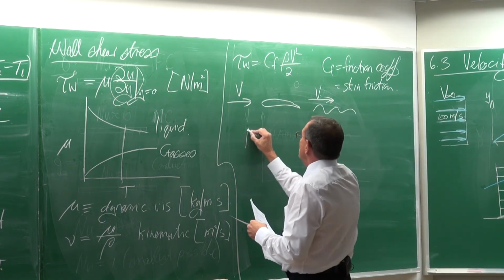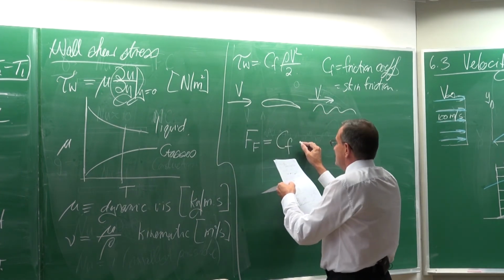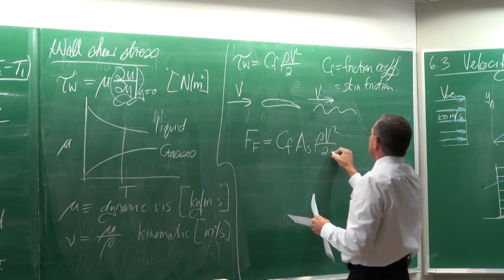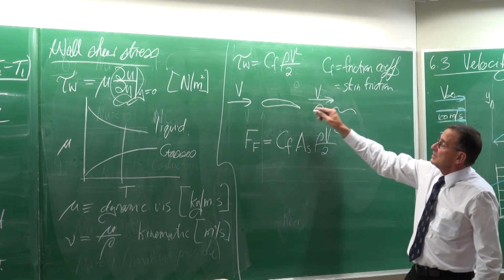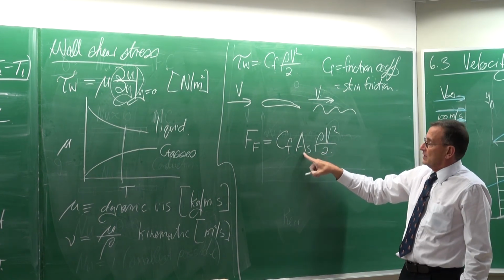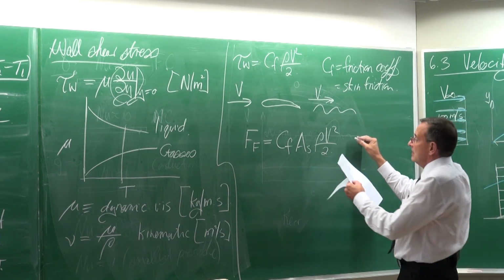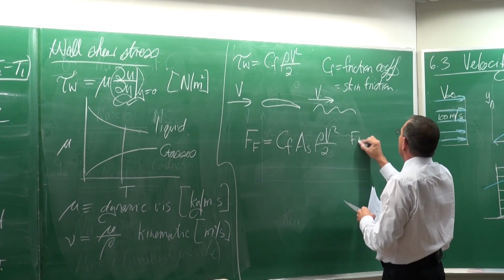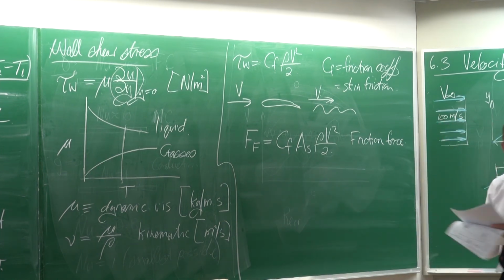Because we can use that to determine the friction force, which is equal to Cf multiplied by the surface area, rho v squared divided by 2. So if we've got this friction coefficient and multiply it with the surface area and rho v squared divided by 2, we get the friction force, or the friction drag.